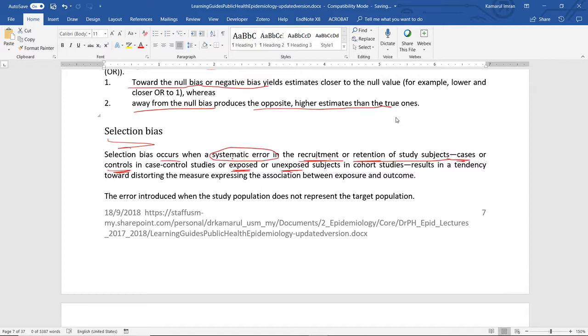Some controls are basically cases, some cases are basically controls. That's not correct, that is bias, okay. So will result in distortion of the measurement, right? And the error, also the error introduced in the study population, okay, will not represent the target population, right? So it will not represent the exposed, it will not present the unexposed, it does not present the cases, it does not present the control populations.